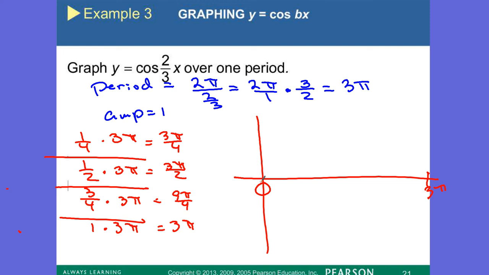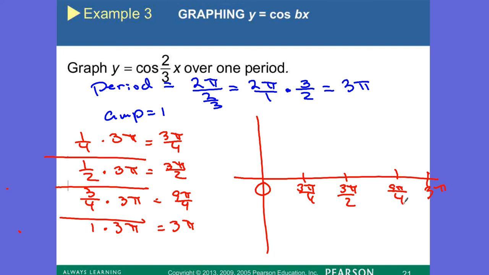Okay, so I have my increments, right? Let's put in our increments. They're always uniform. So 3 pi over 4, 3 pi over 2, 9 pi over 4. And I get my 3 pi there, right?